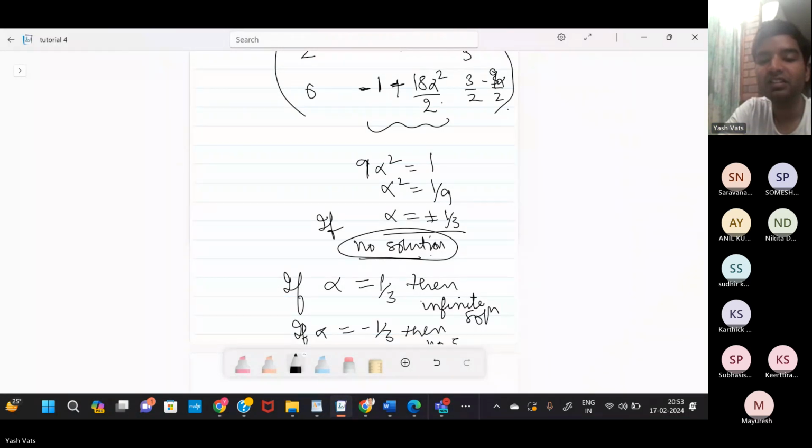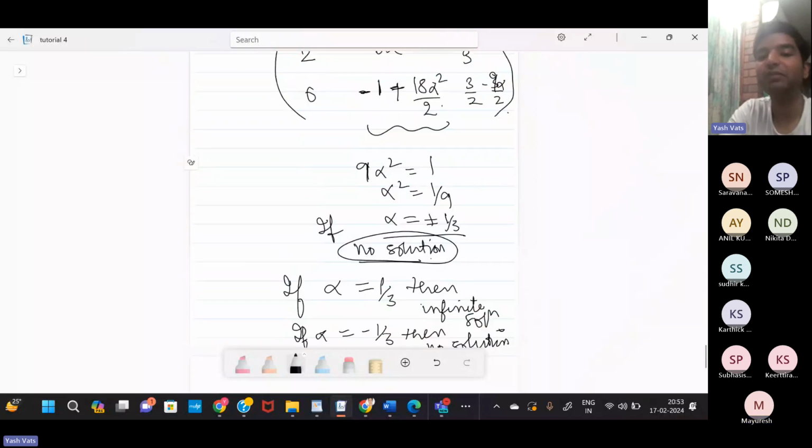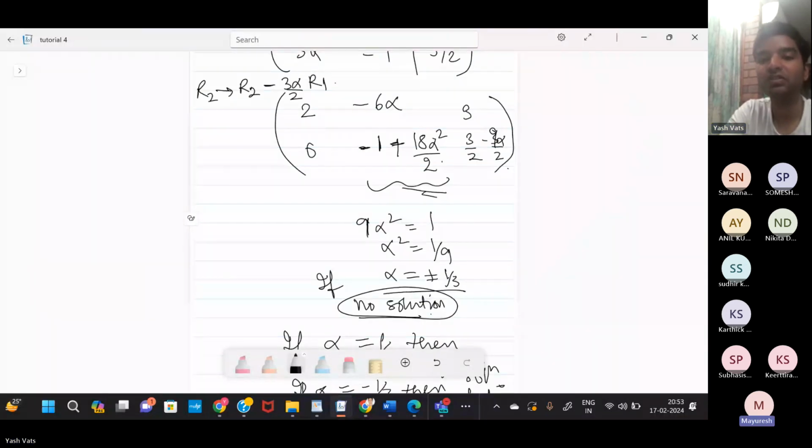Tell me, why no solution in this case and why infinite in this case? And why have I put this equal to 0? Infinite, because the moment you put 1 by 3 in the equation, both equations become the same, and you can have any value of x1, x2 and solve this.